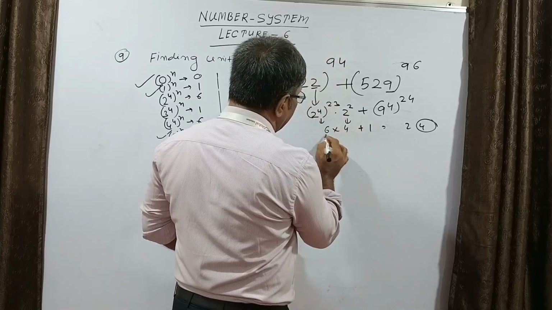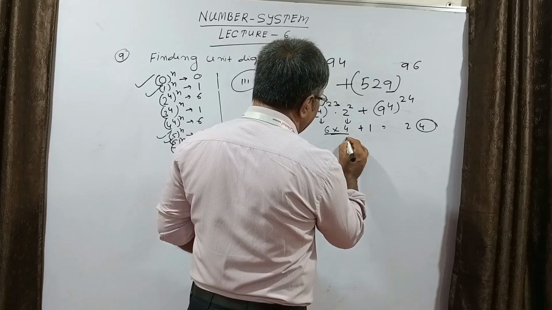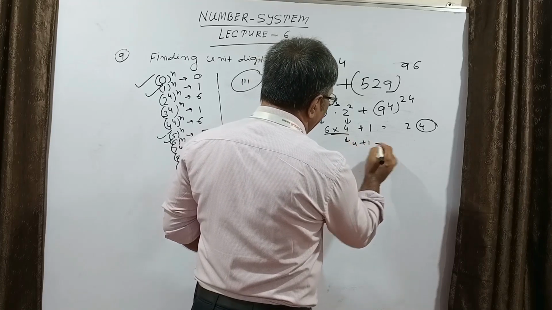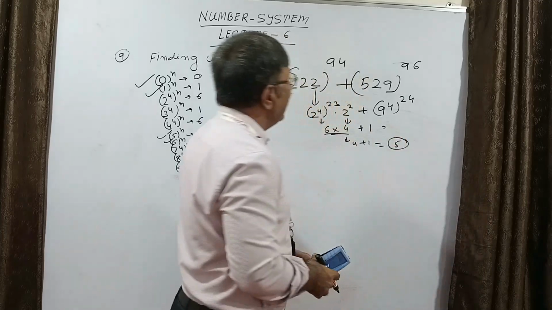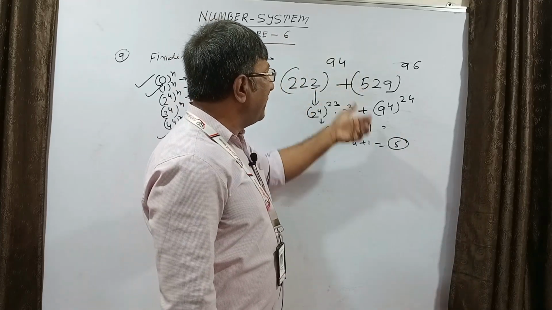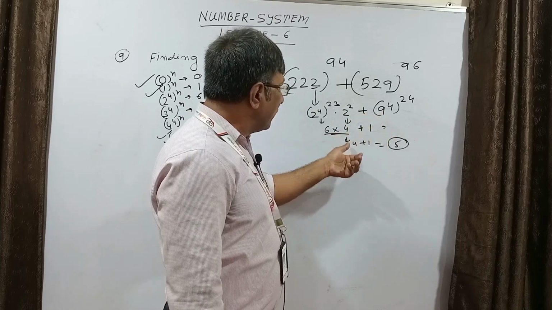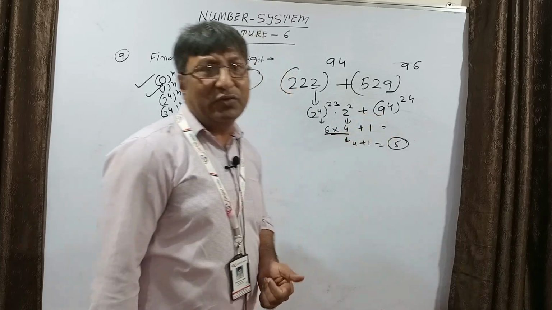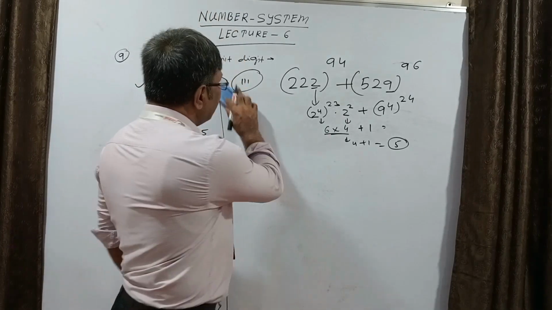So here multiply and here plus. So 6 4 are 24, you will get 4 and plus 1. So the answer will be directly 5, because here not multiply, here plus, so here also plus. So here 1 and here 24 4. So 4 plus 1 is 5. So 5 is the correct answer.